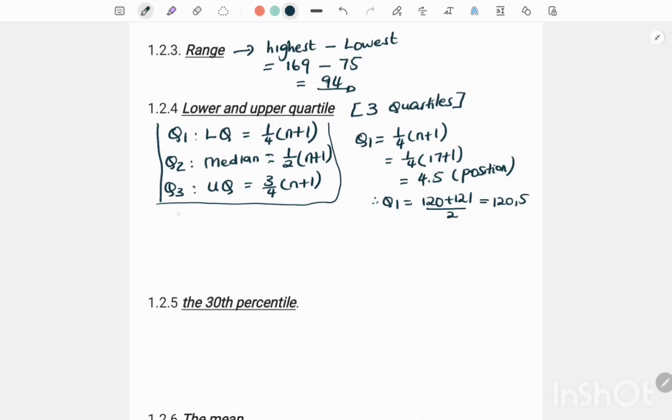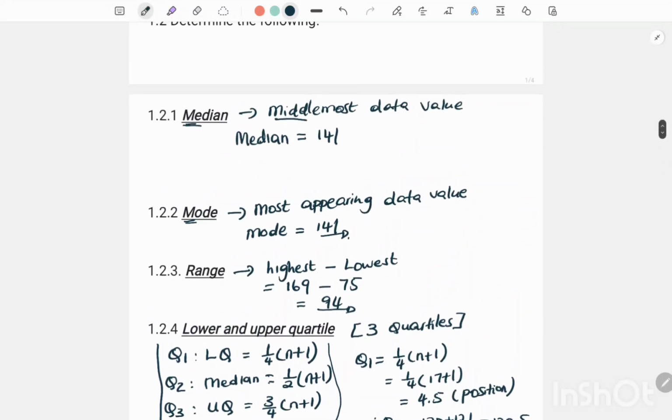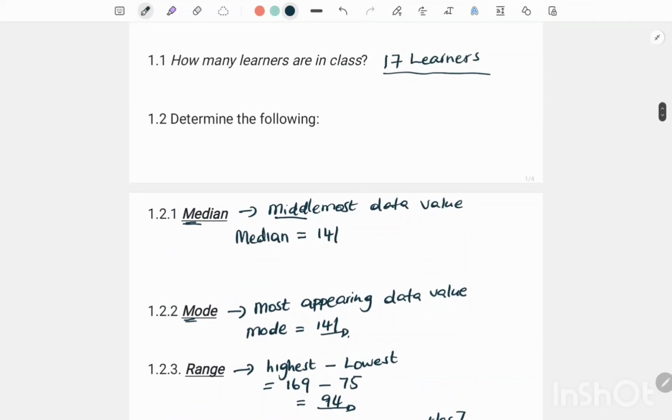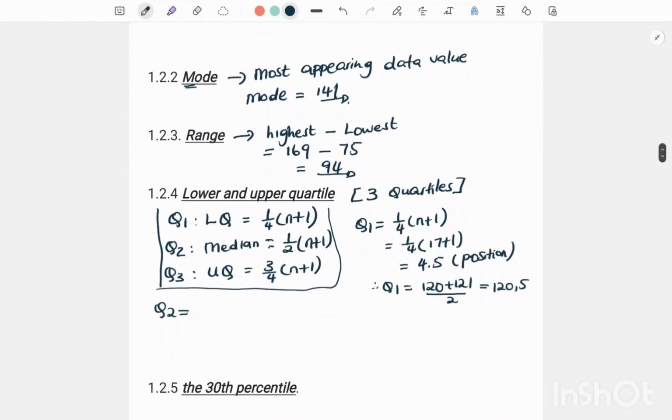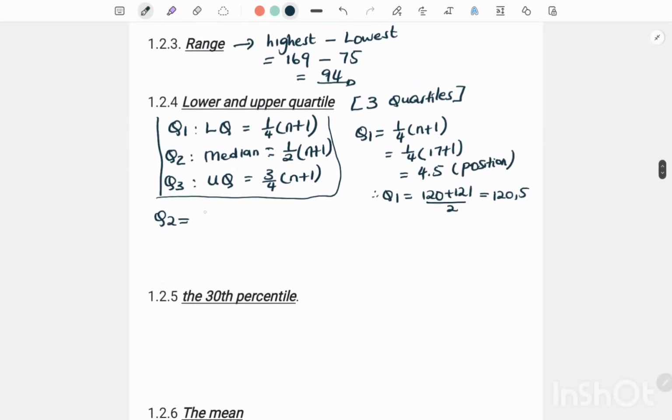Q2, remember, is the median, and we got the median in our first question. Let's check if our median is correct by using the formula 1 over 2 n plus 1. Then you say 1 over 2, and what is your n? 17 plus 1, which is 18. So half of 18 is 9.